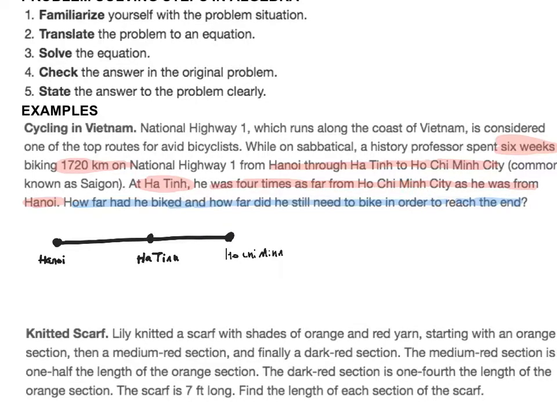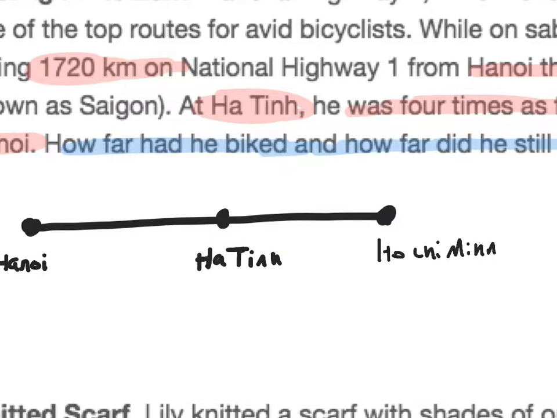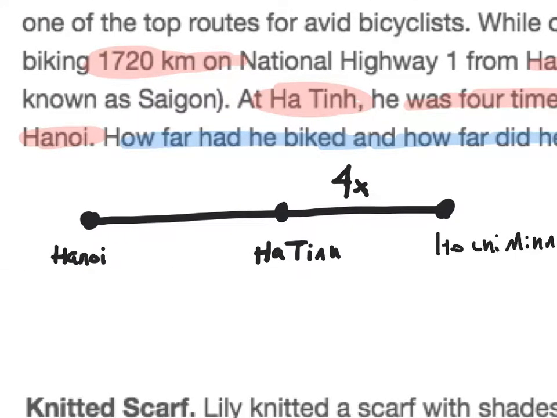What I know is that from Ha Tin to Ho Chi Minh City, he was 4 times as far, so I'm going to call that 4x. Then I'm going to call the distance from Hanoi to Ha Tin a length of x.